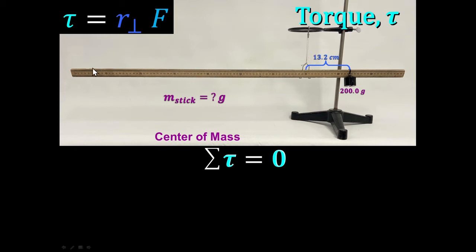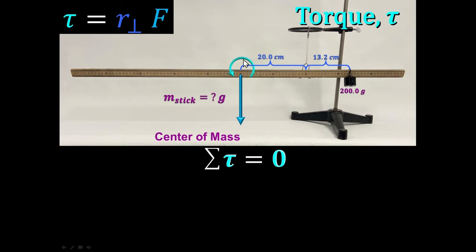70 centimeters of stick is hanging off to the left, 30 centimeters are hanging off to the right, but it's easier than that. The center of mass of this thing is going to be in its middle, in its geometric center. So the mass of that entire meter stick is right there in its middle, and that is 20 centimeters from this, so 50 and 70, it's 20 centimeters away.